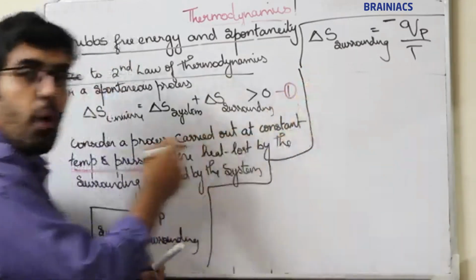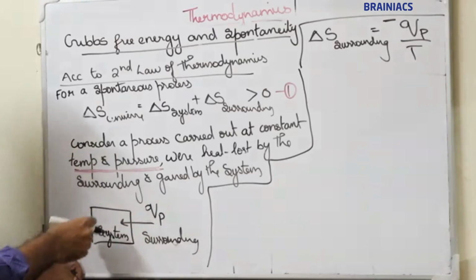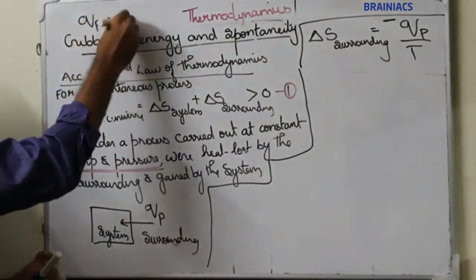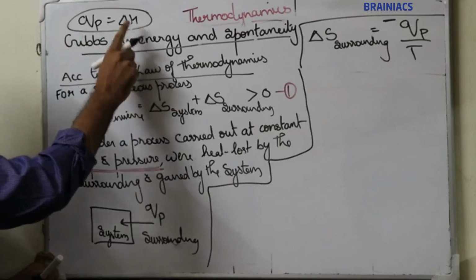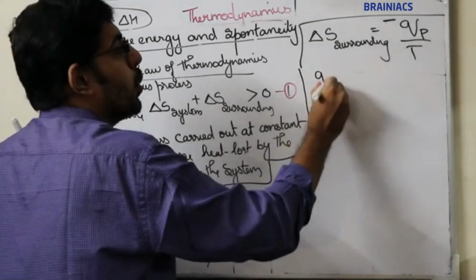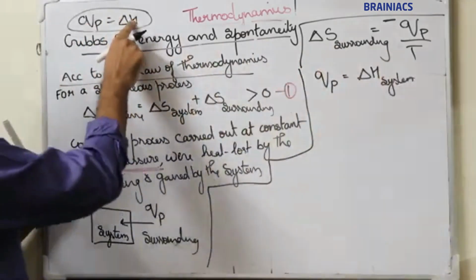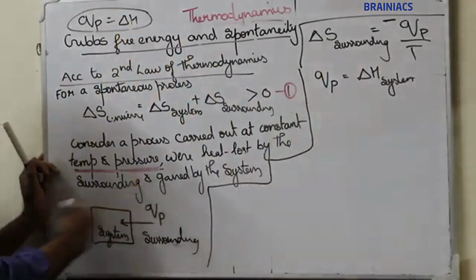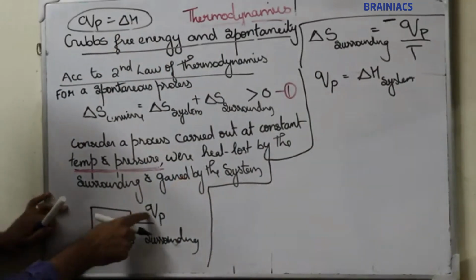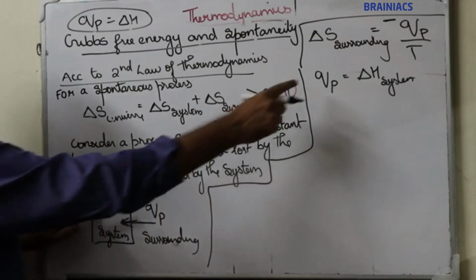Now, from the point of view of the system, here the system is accepting energy. Now we know that QP is delta H. We have studied the equation. Delta H is equal to QP. So from the point of view of the system, QP is equal to delta H system, because heat is absorbed by the system, so the enthalpy of the system increases. That increase in enthalpy is delta H system.